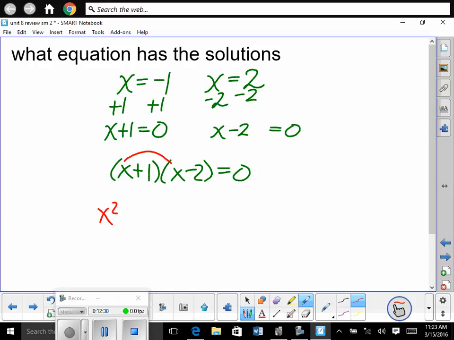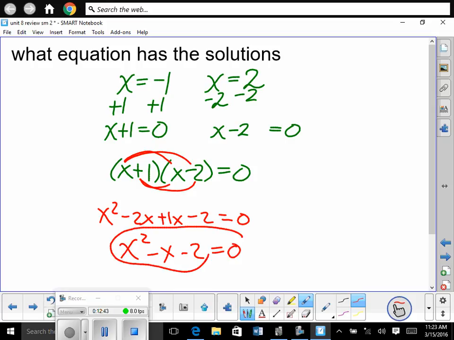So that's x squared minus 2x plus 1x minus 2 is equal to 0. Our polynomial that had those zeros is x squared minus x minus 2. There's our polynomial that had those solutions. We worked backwards, right? So we can go the other way. We could factor, solve, set them equal to 0, right? Okay, sweet.